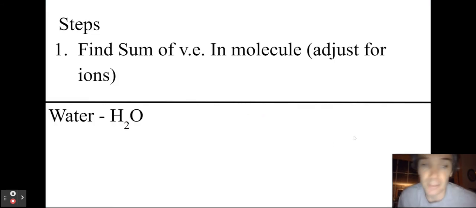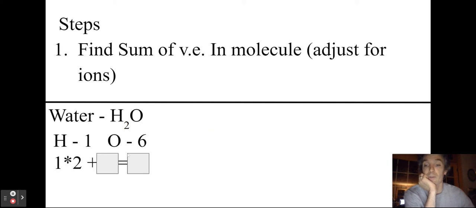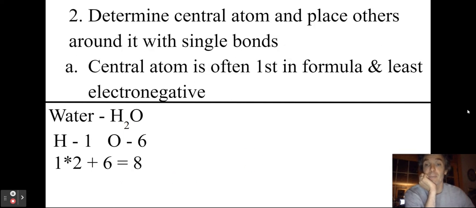So here are the steps, and I'm going to run it through for water. This step is about finding the total valence electrons. So you look, hydrogen's got 1, oxygen's got 6, all right? And I've got 2 hydrogens, so I'm going to multiply 2 times 1 and then add 6, and I'm going to get 8. The next step, as it says, and there's a bit of an exception, is you look for your central atom.